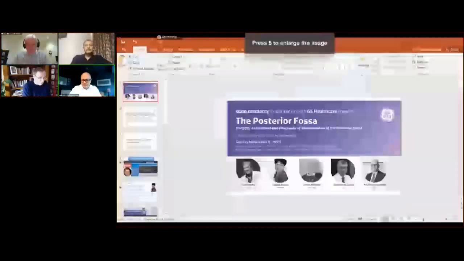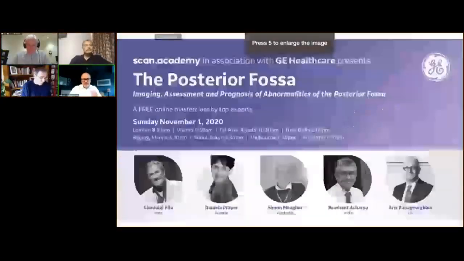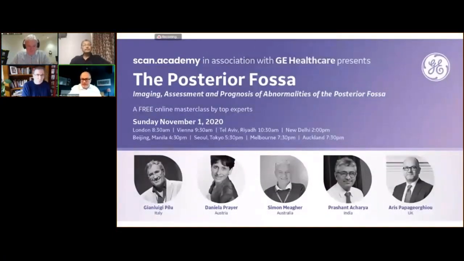Let me just very quickly share a couple of slides just to point you in the direction of one or two other things. So we're going to be covering the posterior fossa today. We're going to start with Prashant, who will be covering embryology and early anatomy.